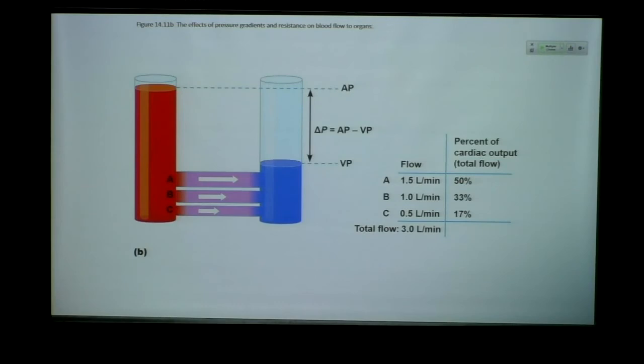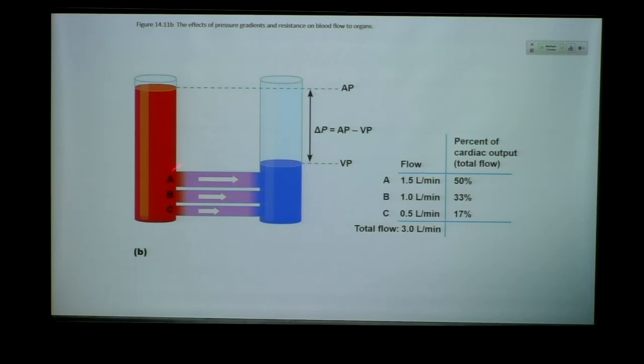So let's look at an example of that. We have our 2 containers, which we've been looking at, and we have a pressure gradient, right? High pressure, low pressure. Now we have 3 tubes representing 3 arterioles. In arteriole A, we have a steady amount of flow, and we have 50% of the cardiac output coming here. In arteriole B, we have about 30% of the cardiac output.